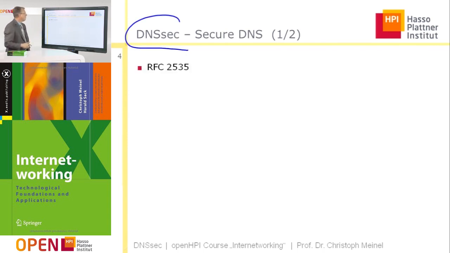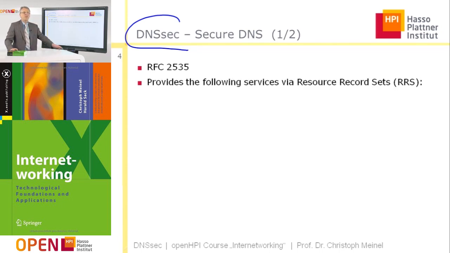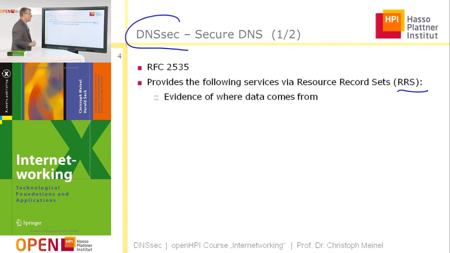It was standardized in RFC 2535, and it provides means to find out whether a message is a fake or not. And this is organized by means of resource record sets.